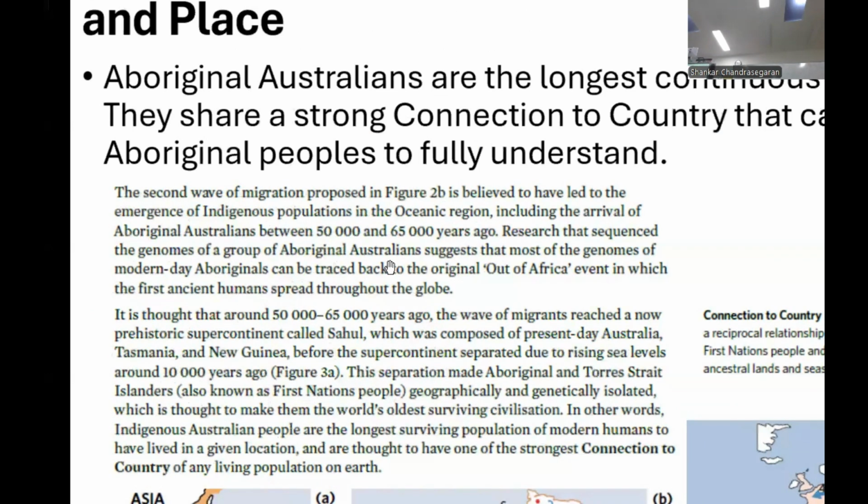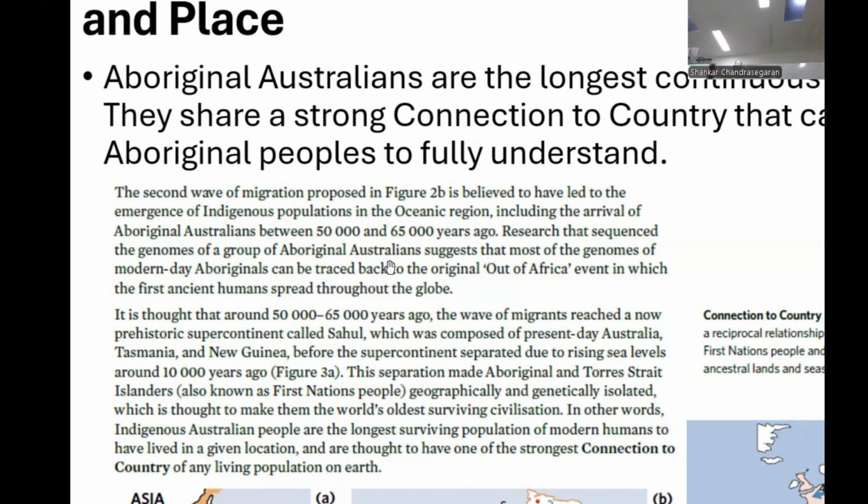Aboriginal Australians are counted as one of the oldest surviving civilizations due to the fact that they became geographically isolated in one region right after they migrated there, and after that they did not migrate anywhere else, and were isolated from the rest of the world for the longest time.